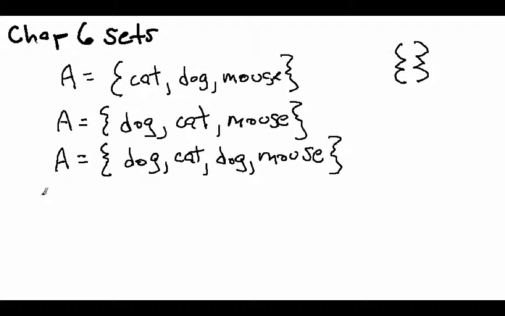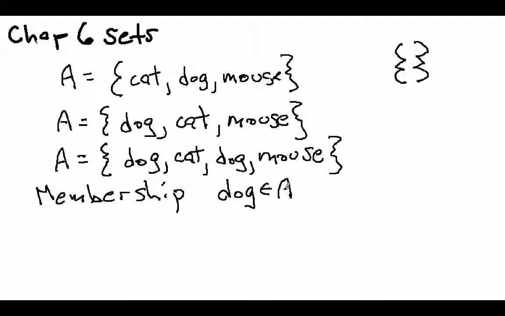Now a little bit of notation here. We talk about membership in a set. In the example that we are given here, we would say that dog is an element of the set A. That little Greek epsilon means is contained or a member.